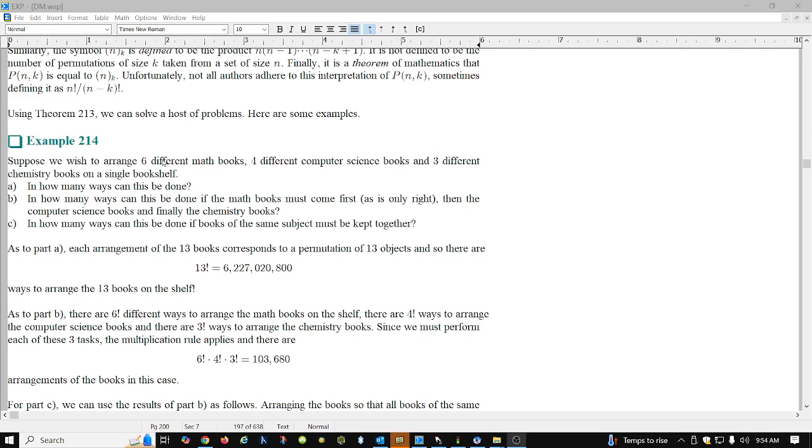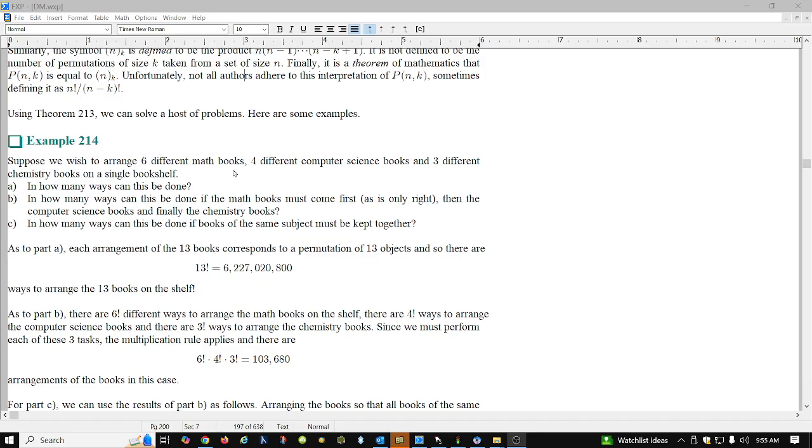Suppose we wish to arrange 6 different math books, 4 different computer science books, and 3 different chemistry books on a single bookshelf. I will apologize now for a bunch of examples involving arranging books. As I said before, I'm trying to keep these examples simple by removing irrelevant data.